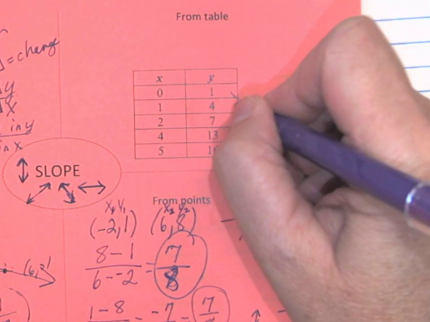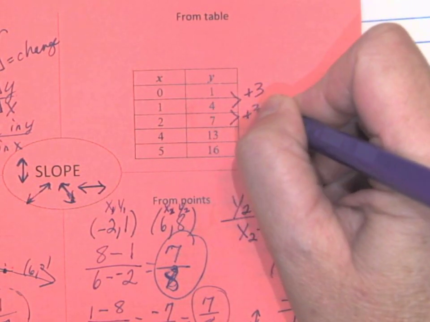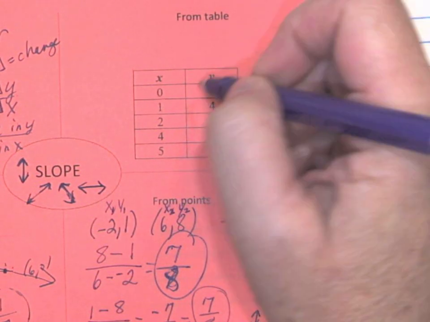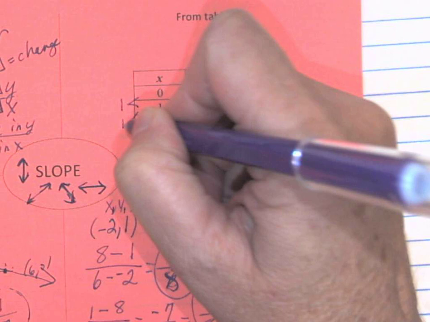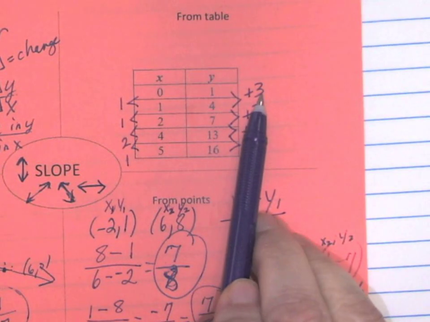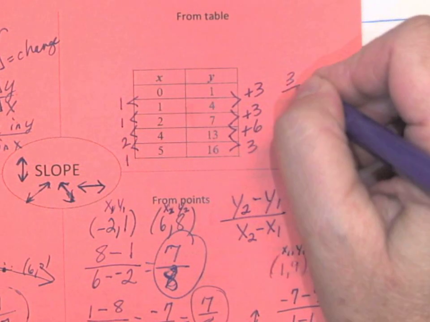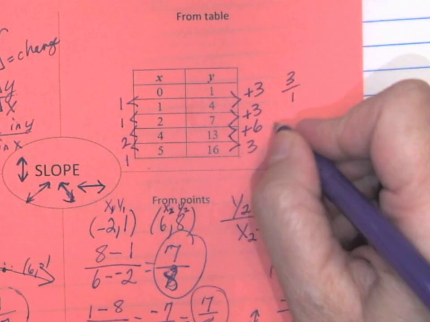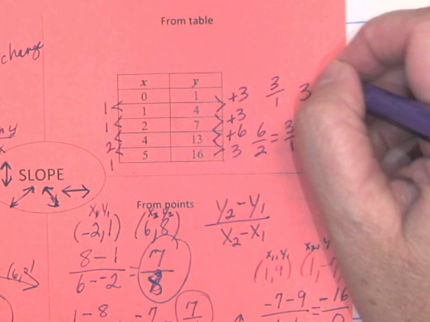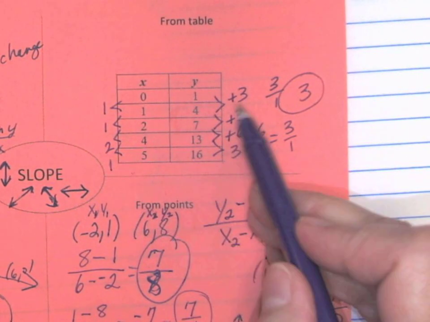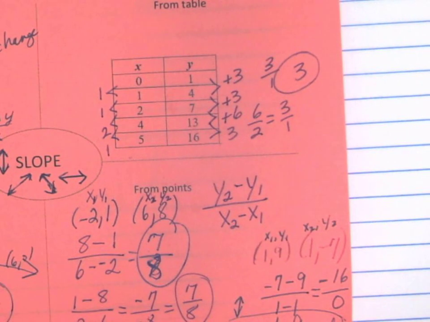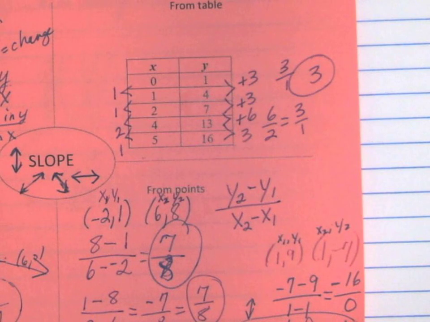So from 1 to 4 is adding 3, then adding 3, adding 6, adding 3, and x is adding 1, 1, 2, 1. If you do the change in y over change in x, every time you're going to get 3 over 1. This time we get 6 over 2, but look, that reduces to 3 over 1. So the slope is 3. But you don't have to do this. You can always pick any 2 points from the table and use this formula. So that's an introduction to slope and the different ways you will see it.